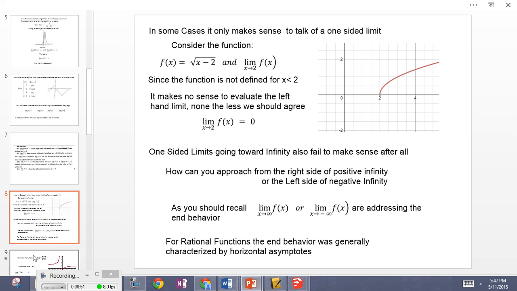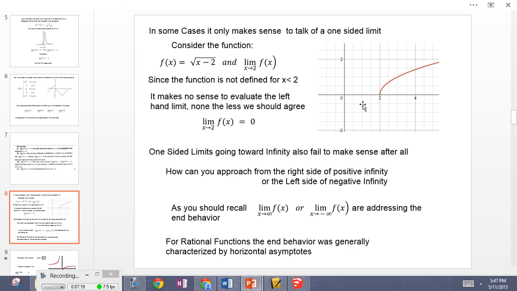If the function, as is the case here, is not defined for anything less than 2, then it makes no sense to ask for the limit as x approaches 2 from the left, because it doesn't exist. But that does not mean the limit as x approaches 2 does not exist, because it only makes sense to look at it from the right side.